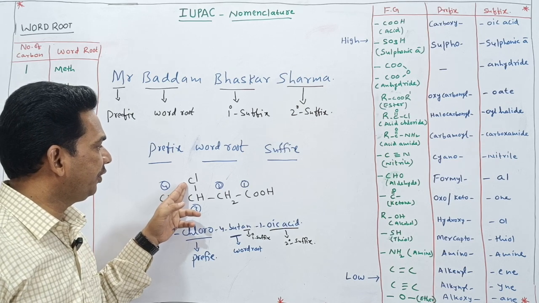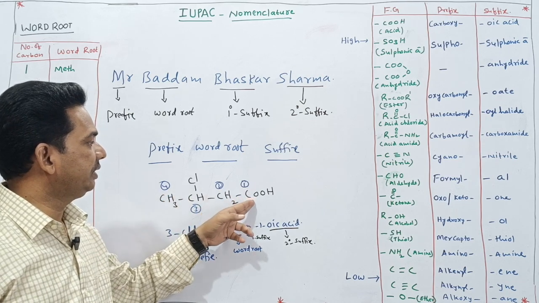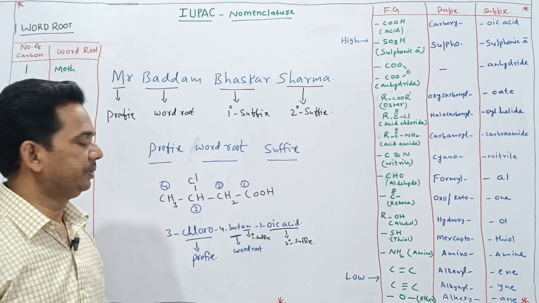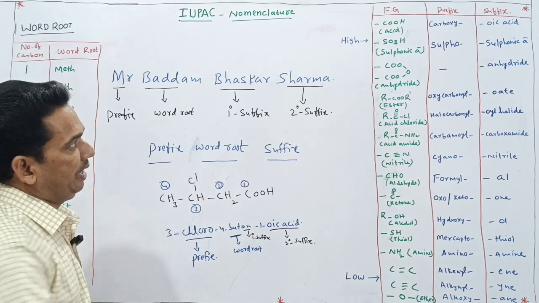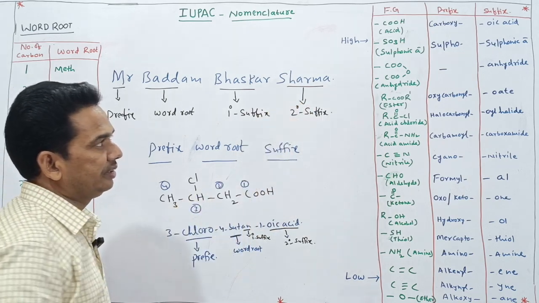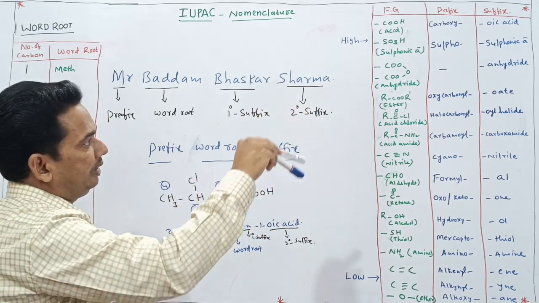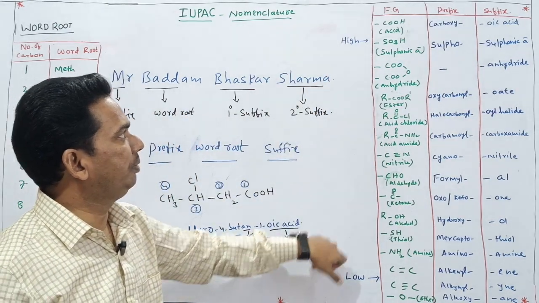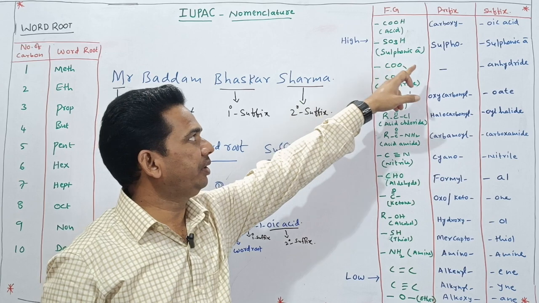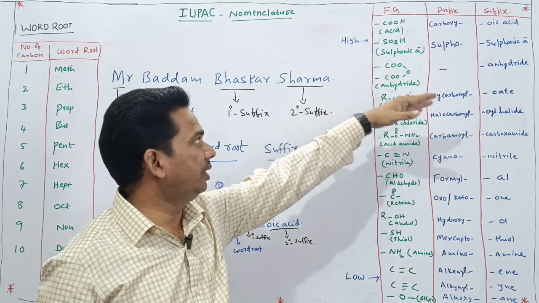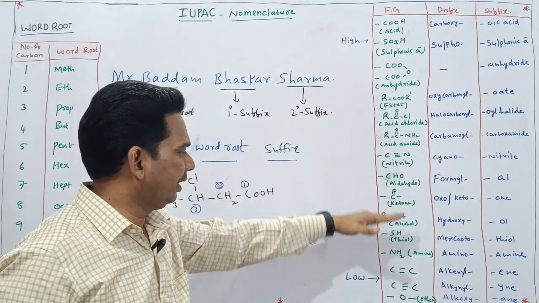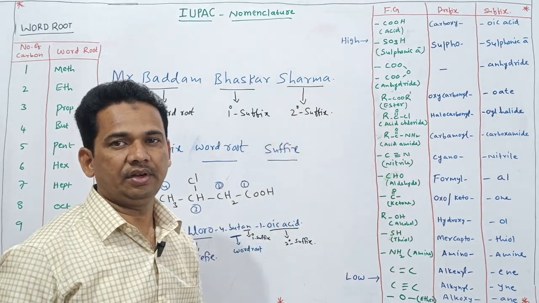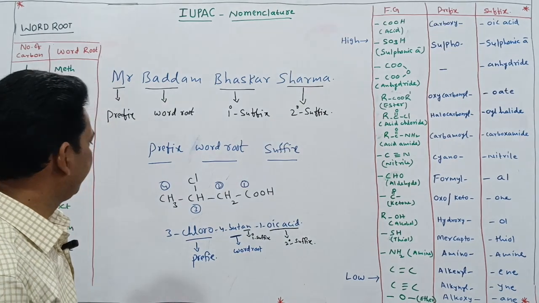At the same time, we have to observe that it has lower priority than the acid group. The priority order of the functional groups from high to low, which one will be the prefix and which the suffix, I mentioned there, in decreasing order.